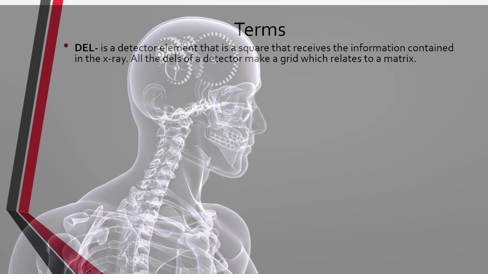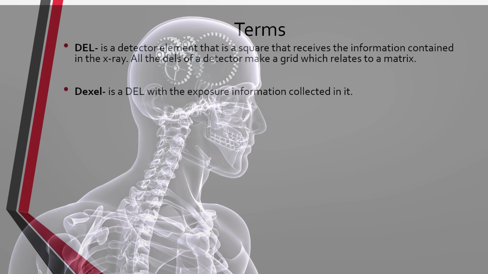So all the DELs are a matrix of these elements, and each one has to be smaller. Okay, and we'll learn about the components inside each one, but each one has to be smaller than what our eyes could distinguish before DR became viable.